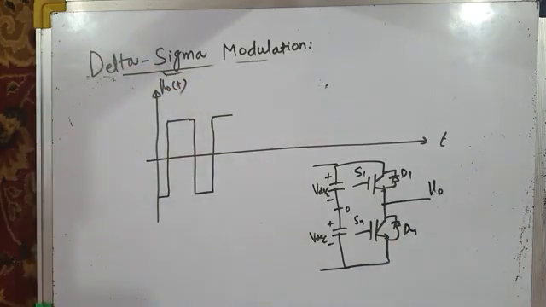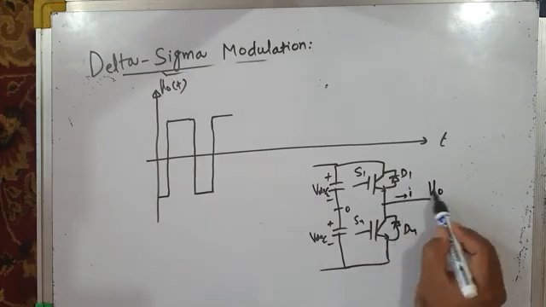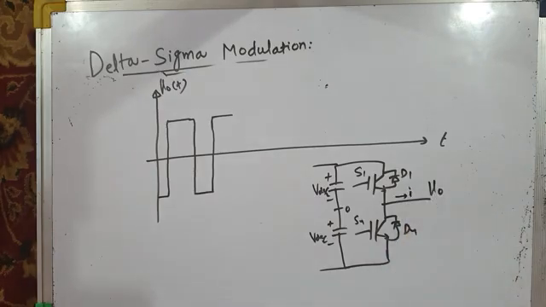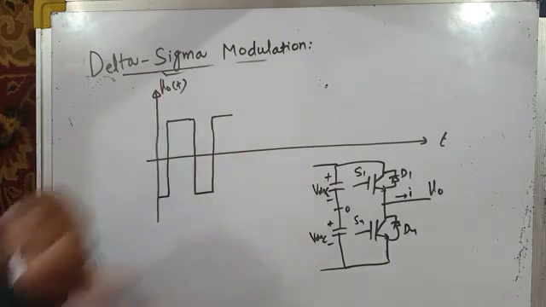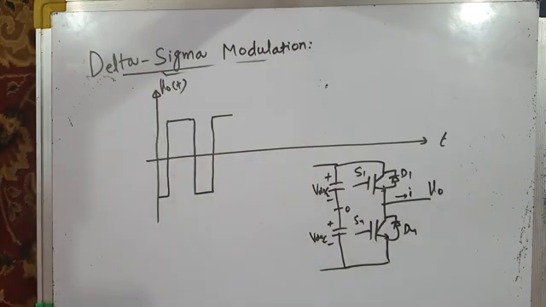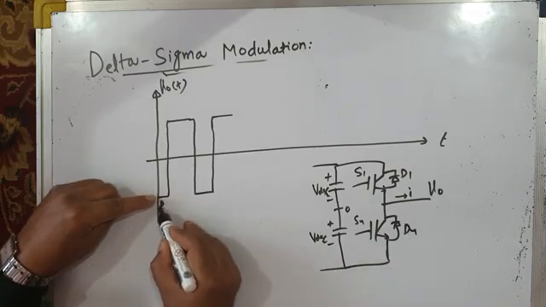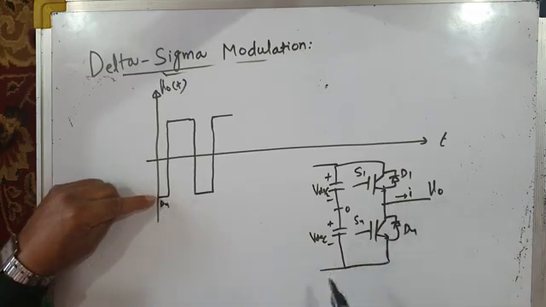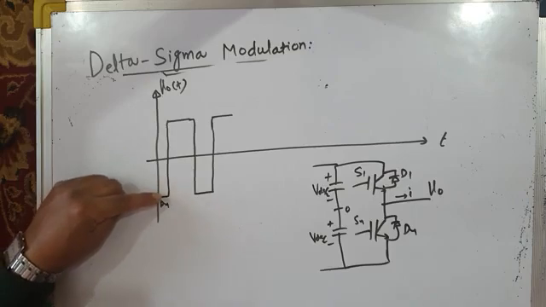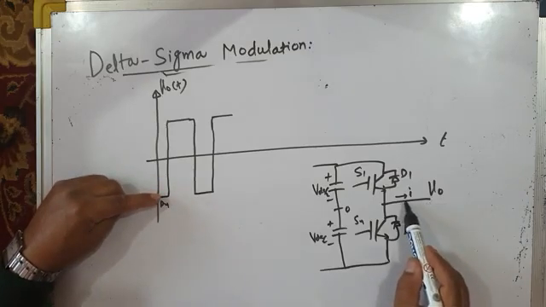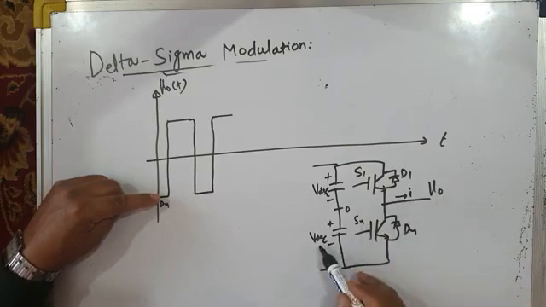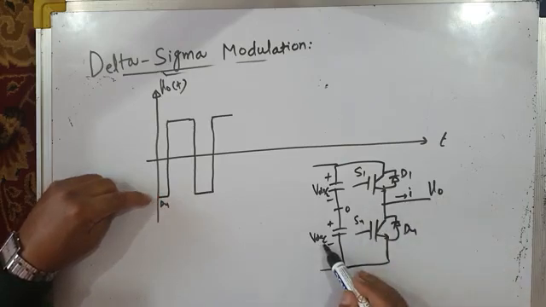I am not talking in terms of current, I am talking in terms of voltage, because in delta sigma modulation we are directly controlling the voltage. We are not controlling the load current, we are directly controlling the load voltage. During this period the bottom switch D4 is on, if the current is positive, and pole voltage V naught is minus VDC by 2.